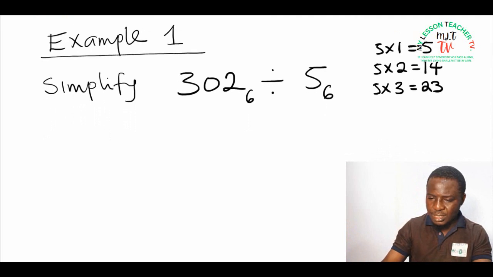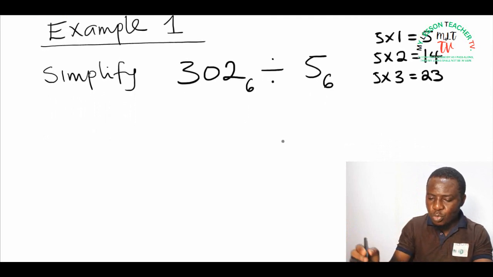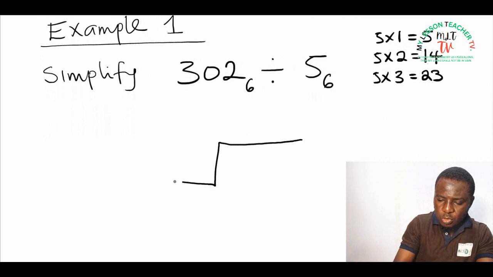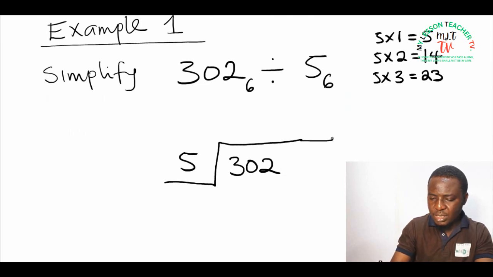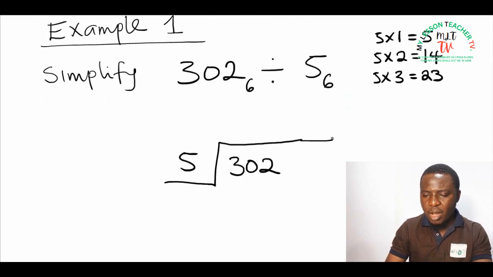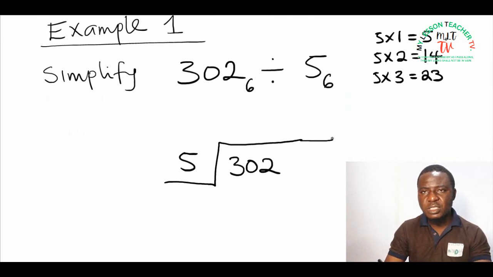So if I am to do this by direct division, like the way we do in base 10, this is going to be 302 divided by 5 in base 6. Now, how do I divide this? You have to convert each of these to base 10, do the division, and write it up there. 5 into 3 cannot go, because 5 is greater than 3.